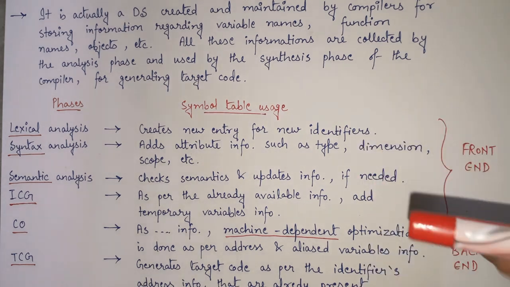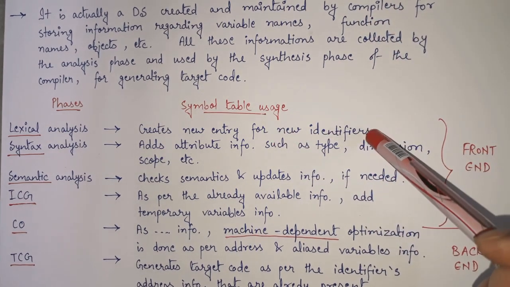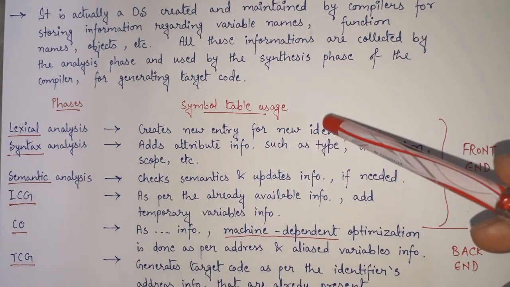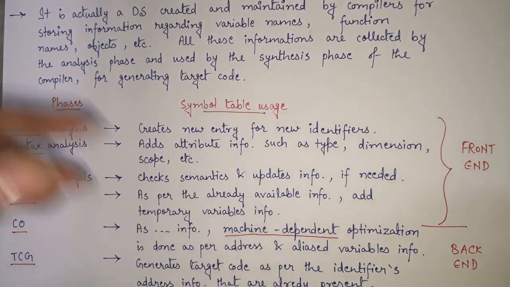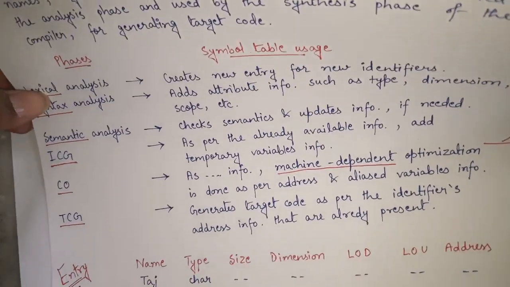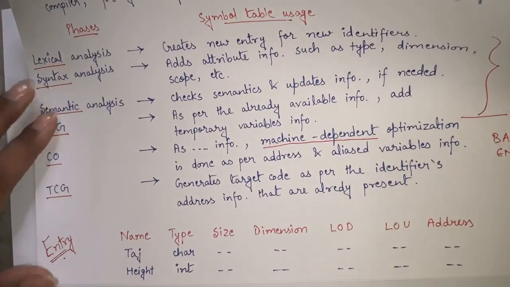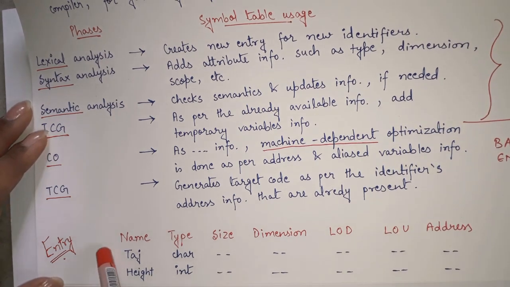These are the main points: what the symbol table is, as I have explained here, and the usage of the symbol table by each phase. And now the last thing you should know is how the symbol table entry looks. So here I have made a symbol table entry for you.